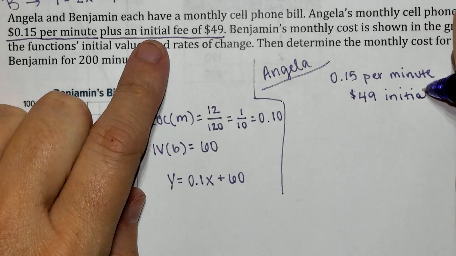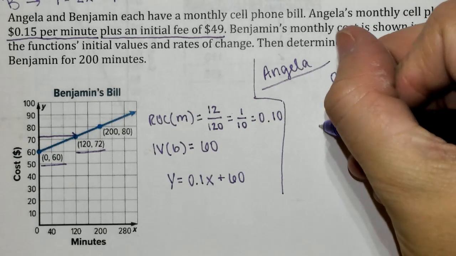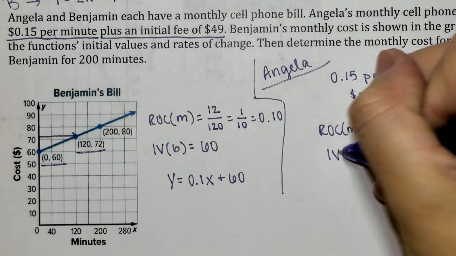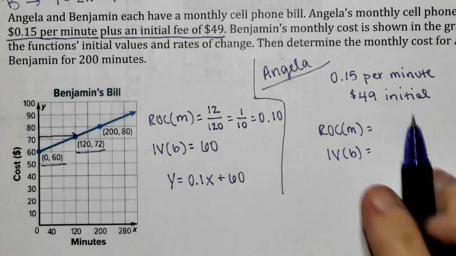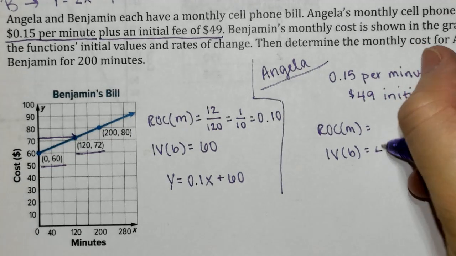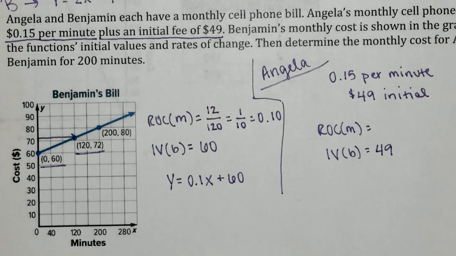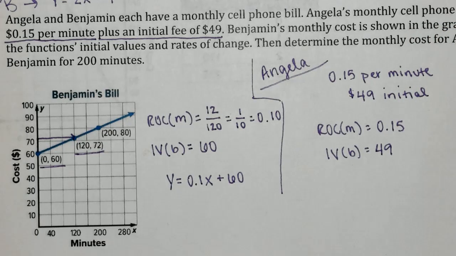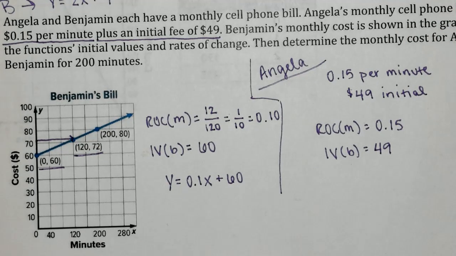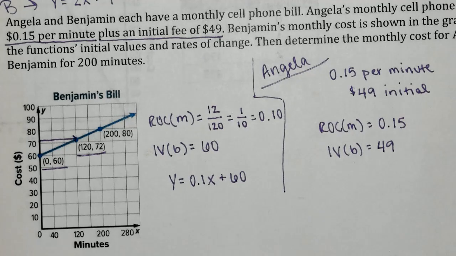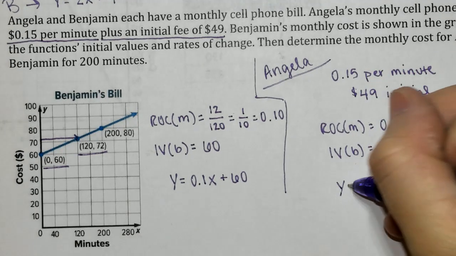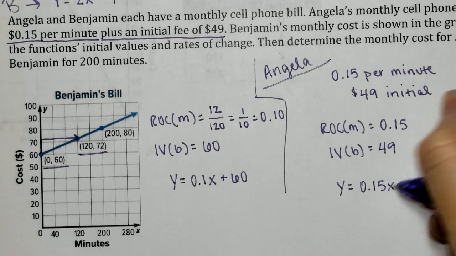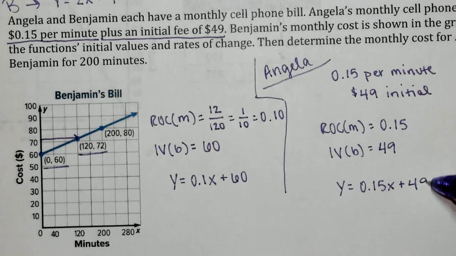So that's real simple when we're writing our rate of change, M, and our initial value, B. The initial value is 49. So $49 no matter what, and then 0.15 for 15 cents per minute. All right, so I write this equation, y equals 0.15x plus 49.